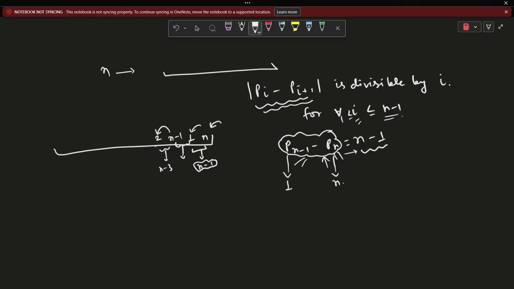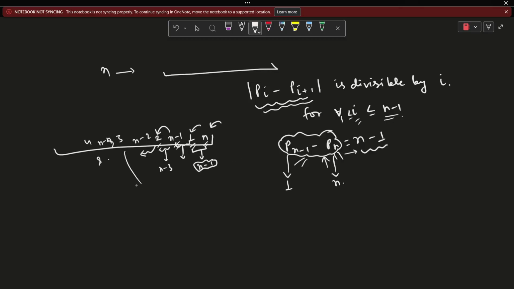So for such a permutation to exist, we have to construct it this way. If I put n here, then I put 1 after that, and then n minus 1, and then 2, and then n minus 2, and then 3, and then n minus 3, and so on. There's only one way to do this.